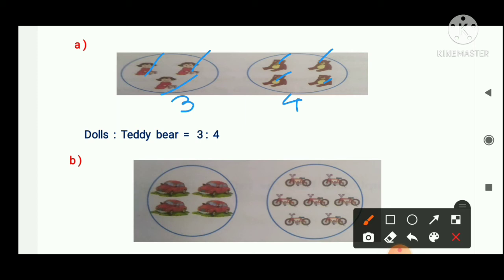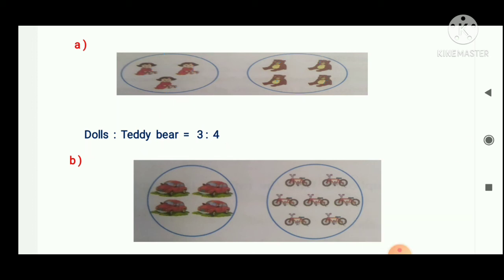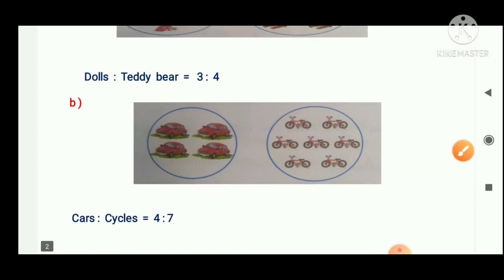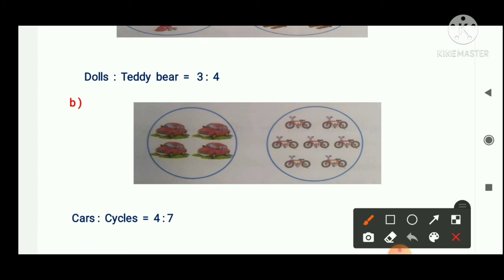Now we have to find the ratio of dolls to teddy bears. Here dolls are 3 and teddy bears are 4. So we write the ratio of dolls to teddy bears as 3:4. Next picture shown here, cars.